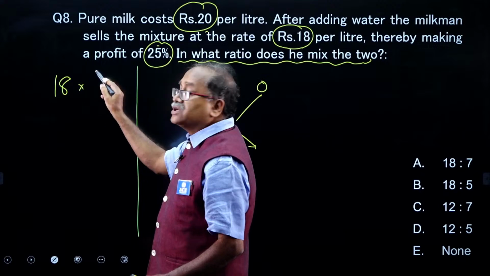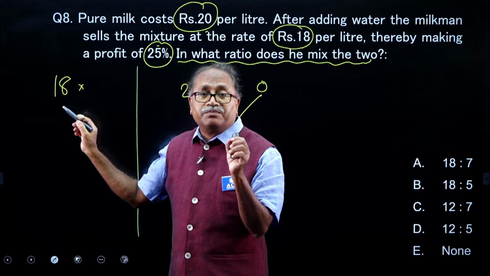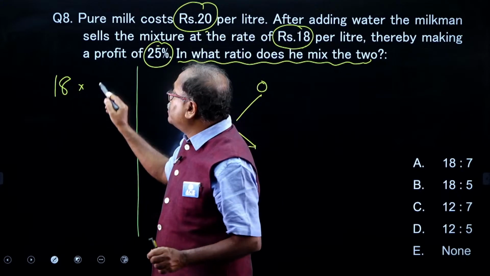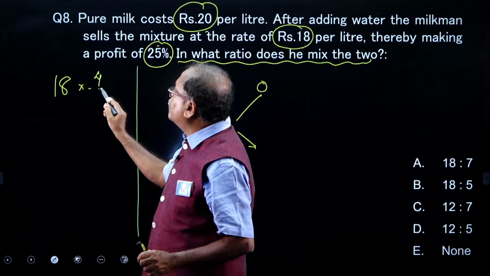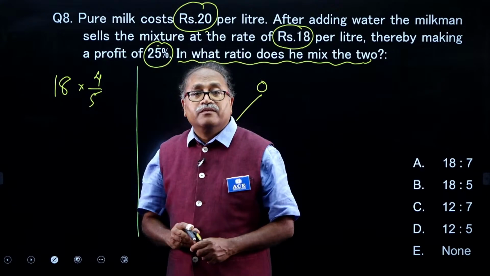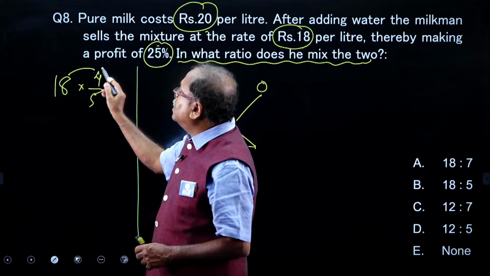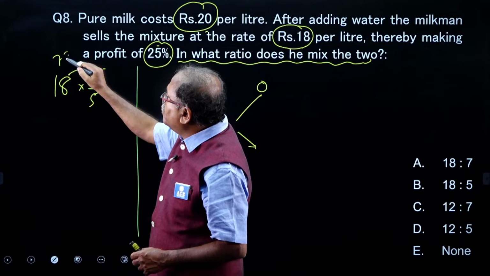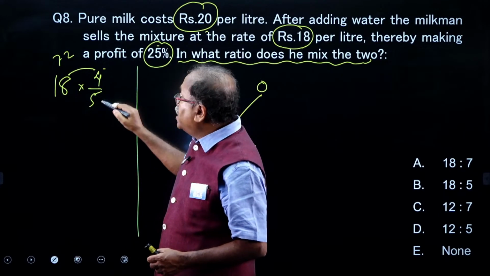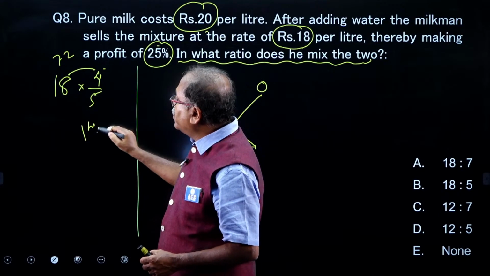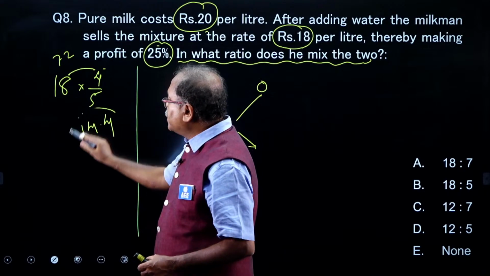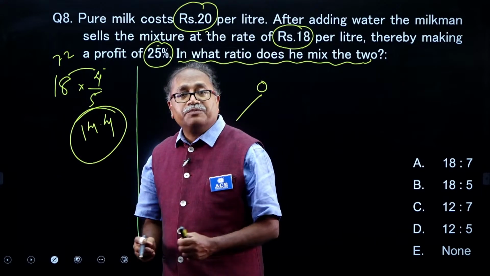I need 100%, whereas this is 125%. So, 100 by 125 is 4 by 5, and 18 into 4 divided by 5 is 14.4. This is the cost price of the mean.